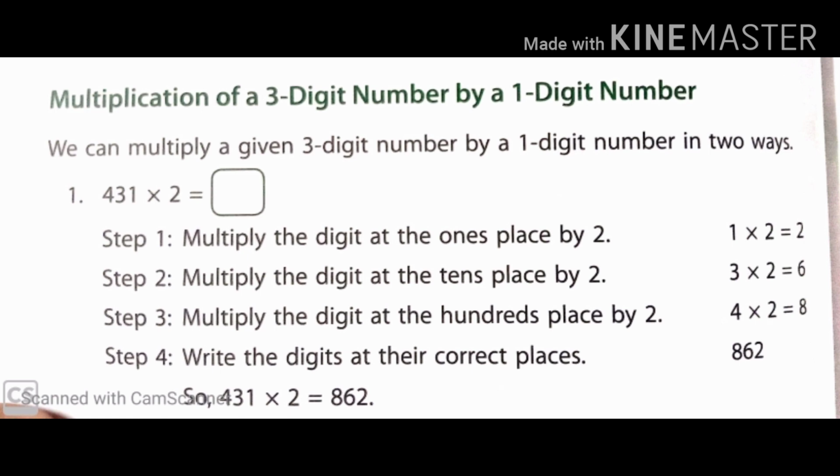So we will multiply 4 into 2, that is 8. Now step 4 is write the digits at their correct places. So 431 into 2, we are getting 862. 8 will be in the hundreds column, 6 in the tens and 2 in the ones.